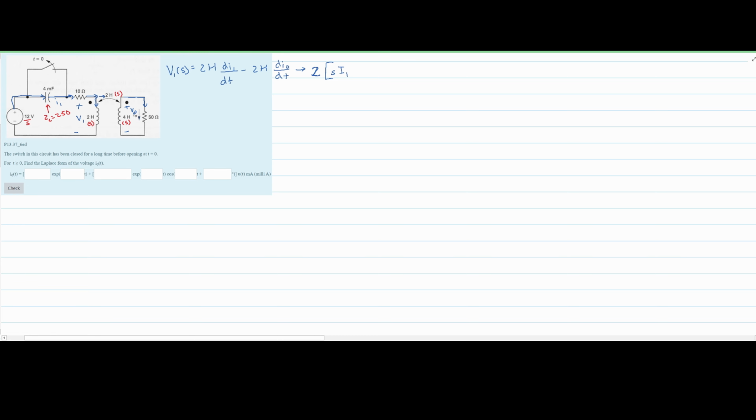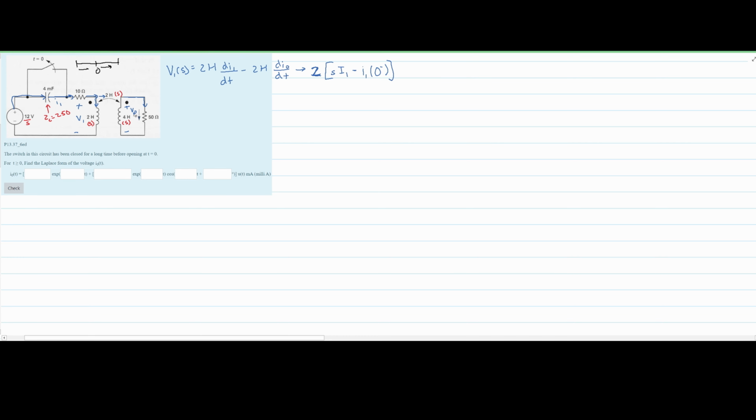I realize it looks like a Z, but that should be a 2. We'll have s times I1, and then a minus because we're subtracting from the start, and in here we're going to have I1 of 0. And we will specifically have this negative right here. The reason why we have this is because, if we look at a graph, we'll just draw one right here. When it's at 0, we can see that for t greater than 0, we're going to be going like this.